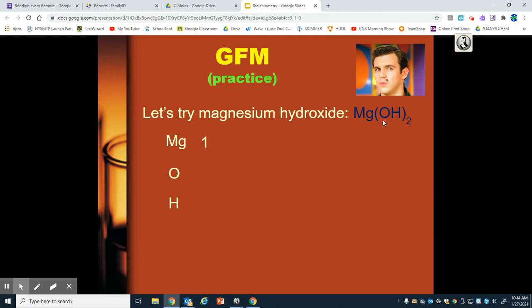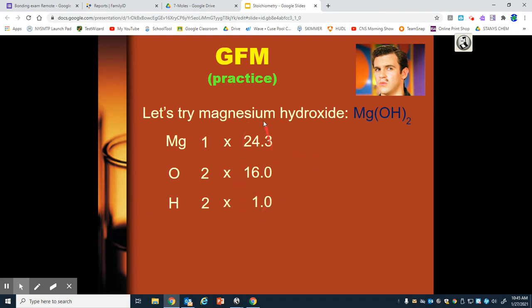So there are 2 oxygen atoms and 2 hydrogen atoms. Once I get the number of atoms in the compound, I go to the periodic table and get their masses. Magnesium is 24.3, rounded properly. Oxygen, if you remember from before, is 16.0. And hydrogen is 1.0.